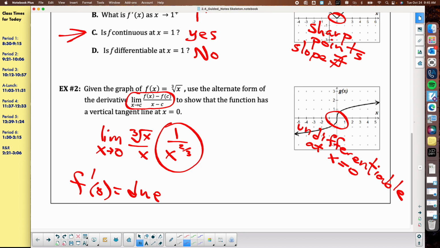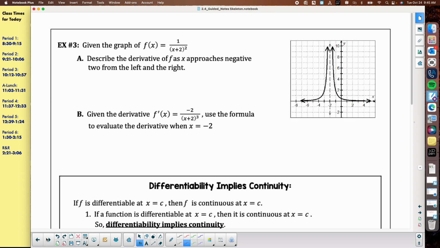They're both continuous, but they both have a spot that doesn't have a derivative. However, the other way around does work. If you know something is differentiable, like, can you find a slope, it guarantees that it's continuous at that location. So you are going to have questions where that would be the case. Okay.